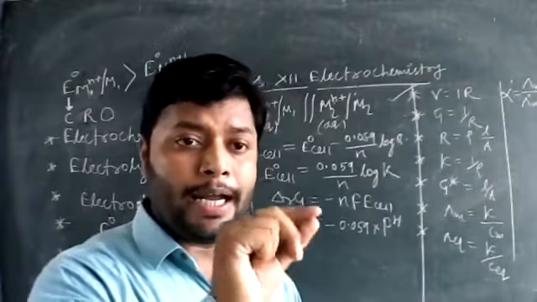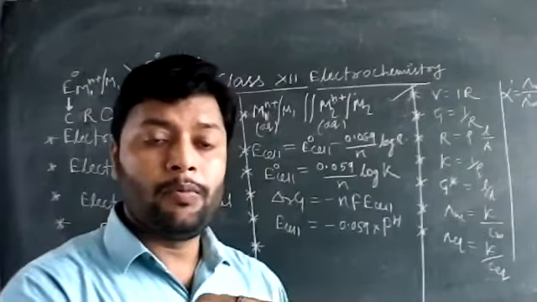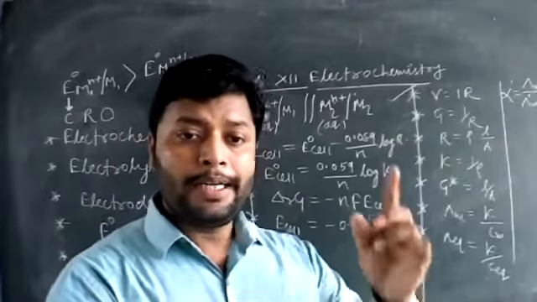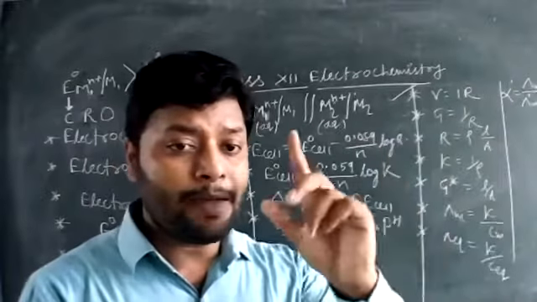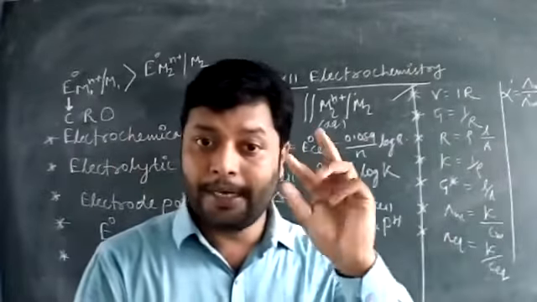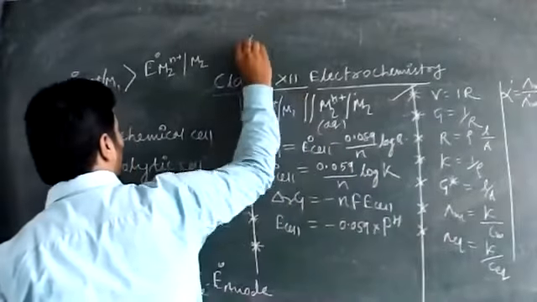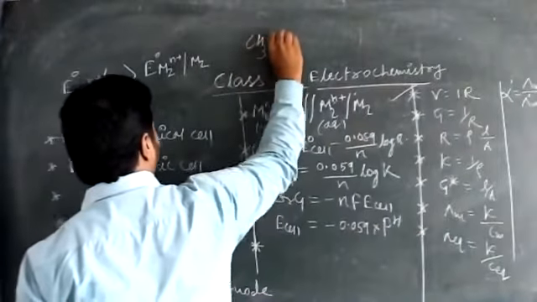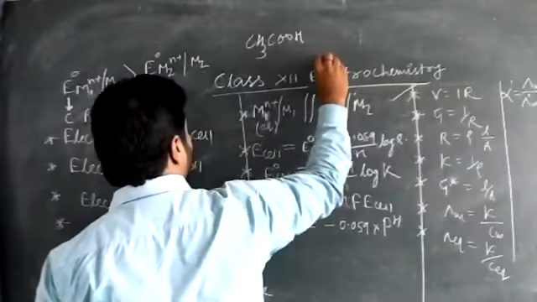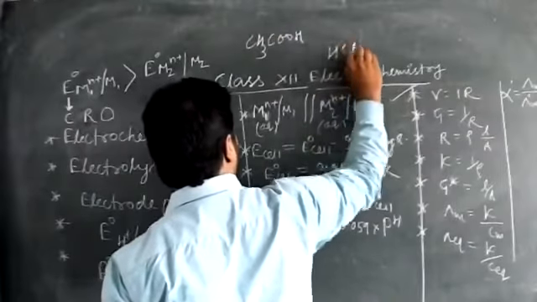Conductivity reflected by ions will be the same if the nature of ion and number of ion are the same. Nature and number. It means we have acetic acid and hydrochloric acid.